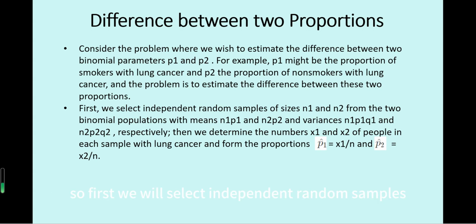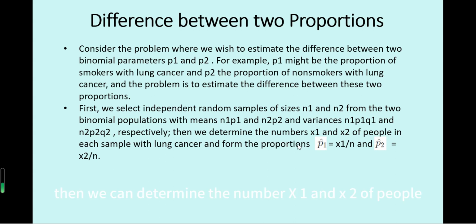First, we will select independent random samples of size N1 and N2 from these two binomial populations with means N1P1 and N2P2, and variances N1P1Q1 and N2P2Q2.